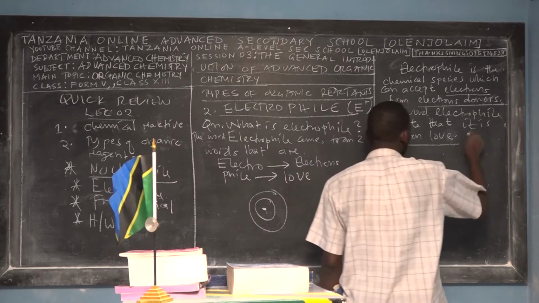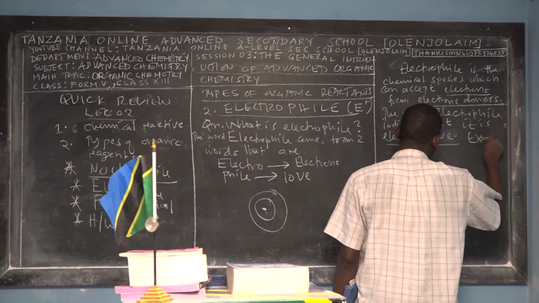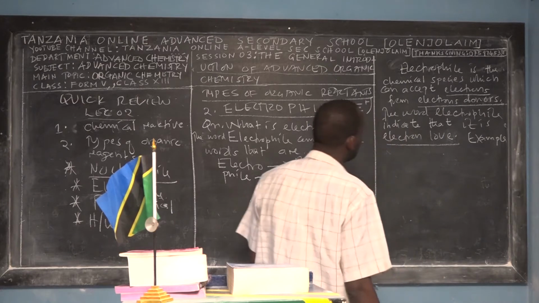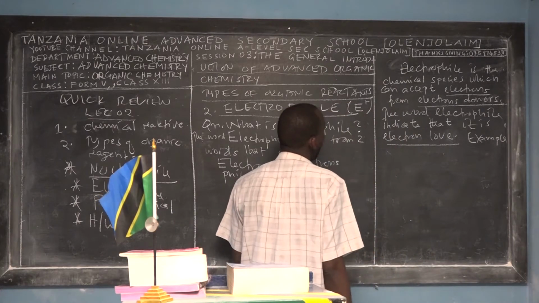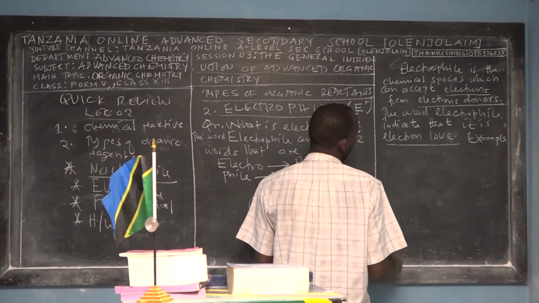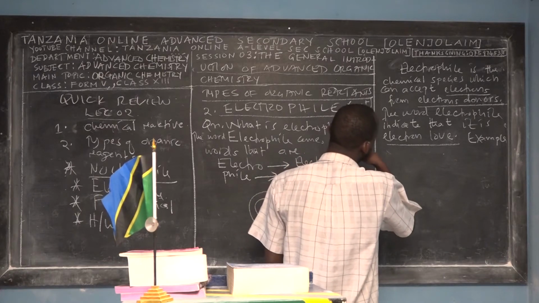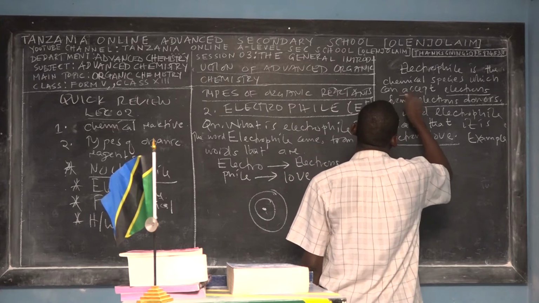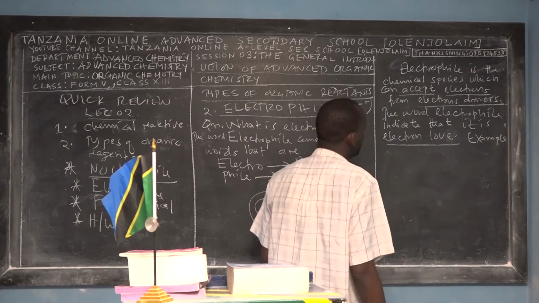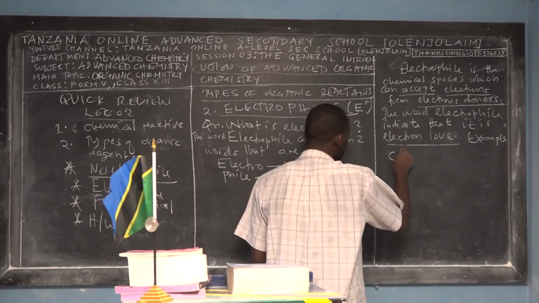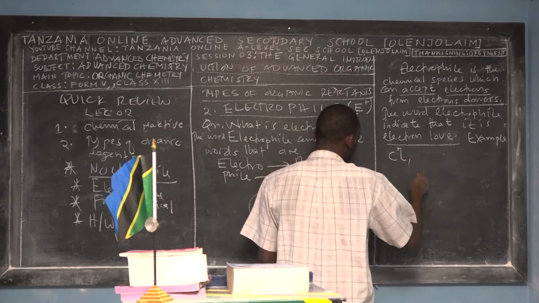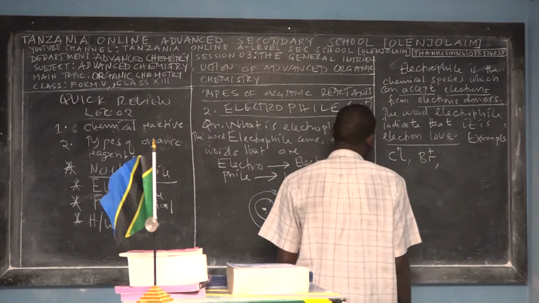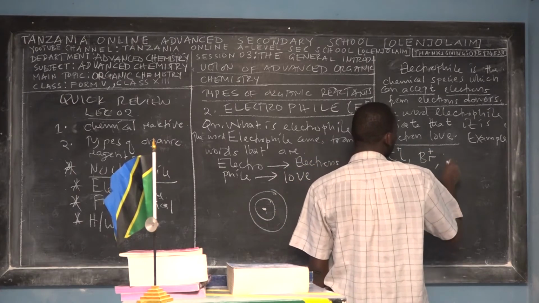We have some examples of electrophiles. You'll find some other definitions too, when you get time. The examples are bromine but with a positive sign, and I'll tell you where they get that positive sign.